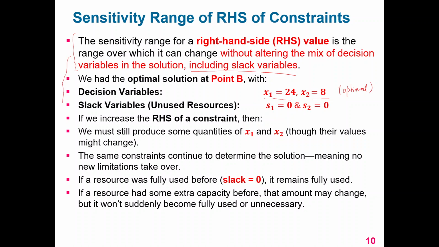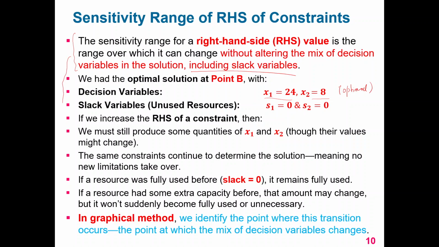Now when we increase the right hand side of the constraint, the non-binding constraint should remain non-binding. That means that it should not suddenly become fully used or become binding. So in a nutshell, the solution structure should remain the same.